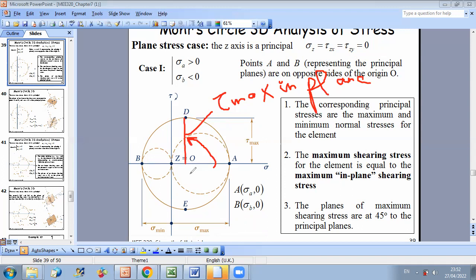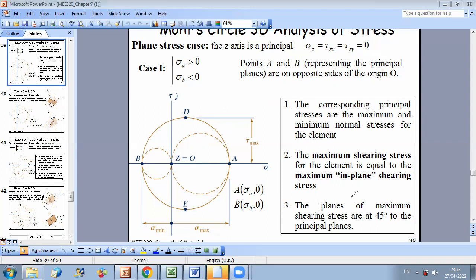So for this scenario, I have A and B, one on the positive side, one on the negative side. And then I can say that because A and B are on opposite sides of the origin, the corresponding principal stresses will be the maximum and minimum normal stress for the element, and the maximum shearing stress for the element will be equal to the maximum in-plane shearing stress.